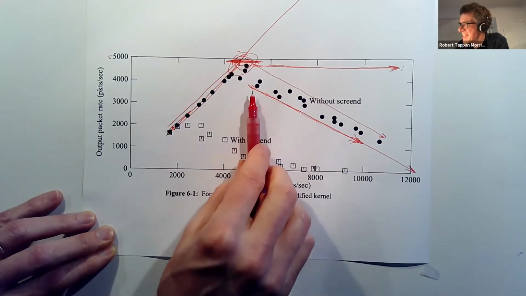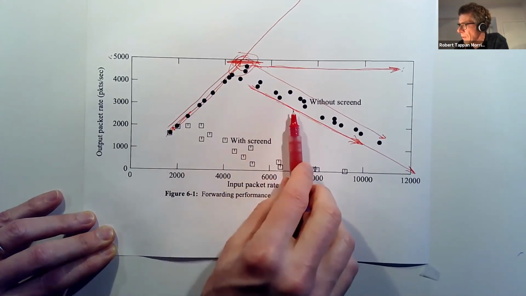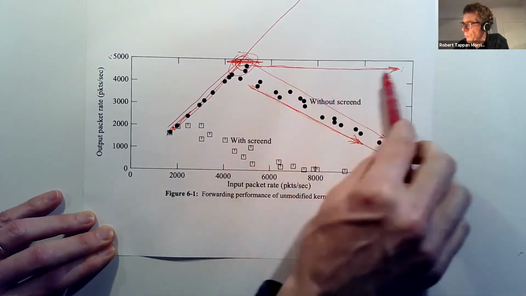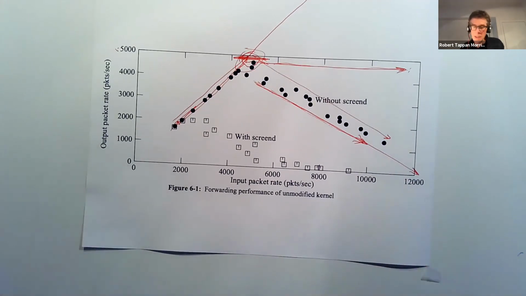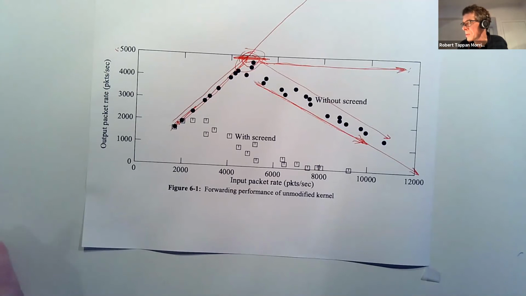Because the machine is essentially giving priority to these interrupts, every additional packet per second is taking CPU time away from the forwarding code, until finally 100% of the CPU time is used up in the input interrupt routine, and no CPU time is used in the thread that forwards packets. Is everyone happy with this explanation?